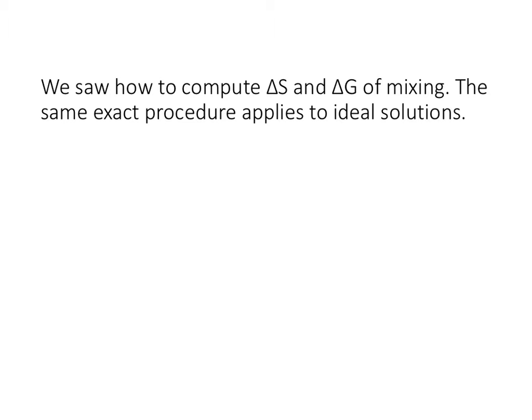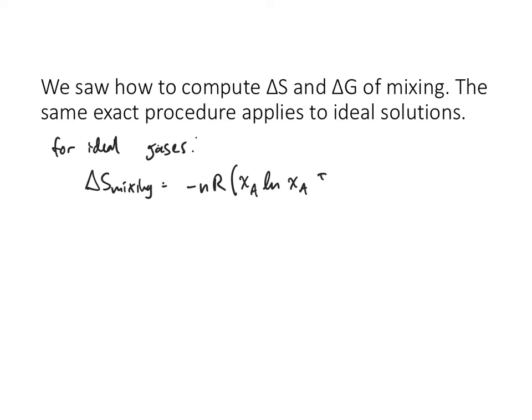Let's talk about the entropy and Gibbs free energy of mixing. We saw for ideal gases that the delta S of mixing was equal to negative nR (x_A log x_A + x_B log x_B).